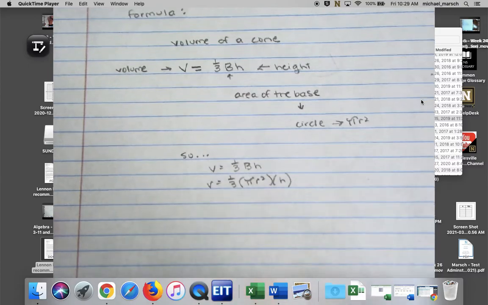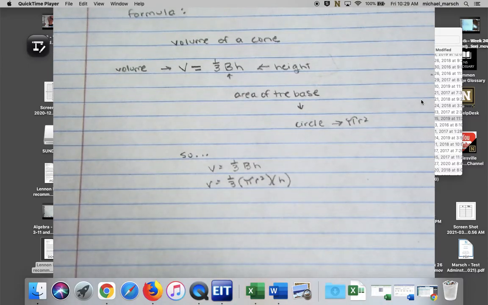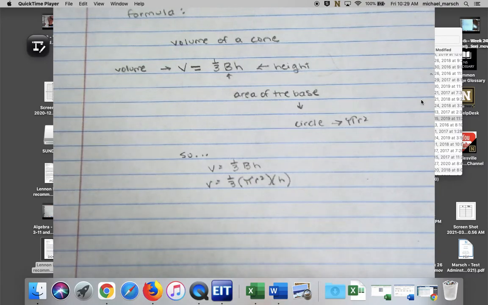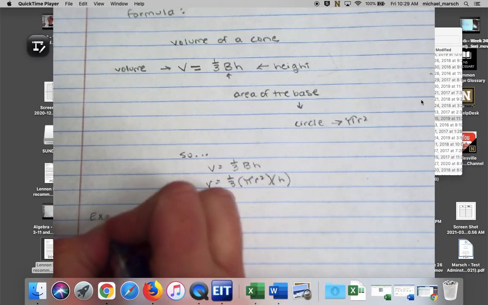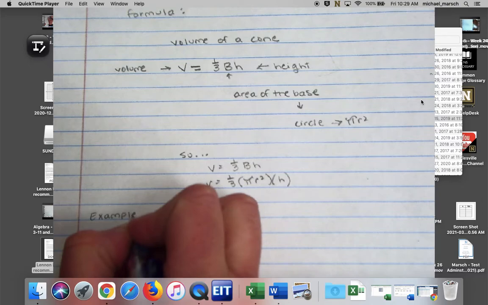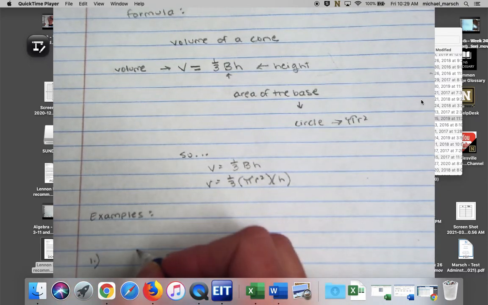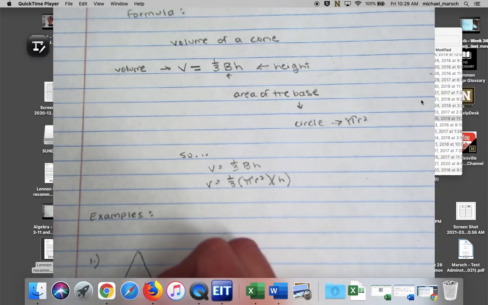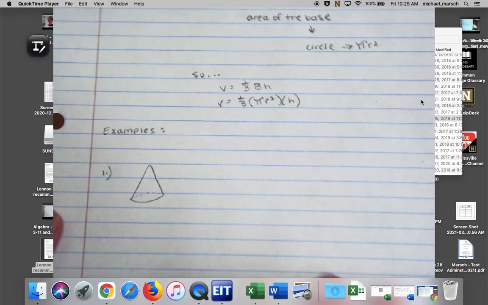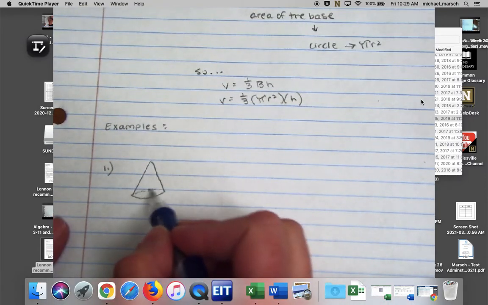So let's go ahead. We're going to do the exact same thing we did for our examples of the cylinder. So for example 1, I'm going to draw my cone. Kind of looks like a party hat, right? Got my third dimension there, showing those little dotted lines.